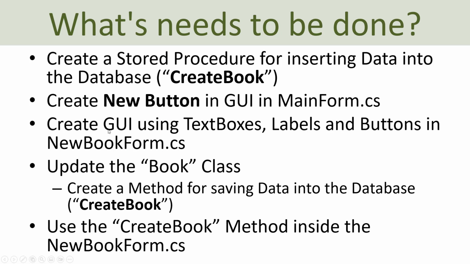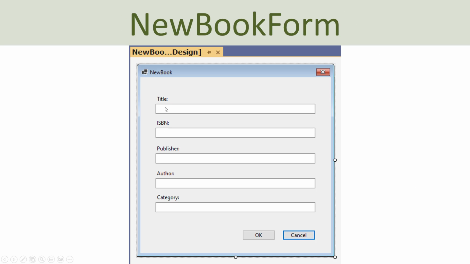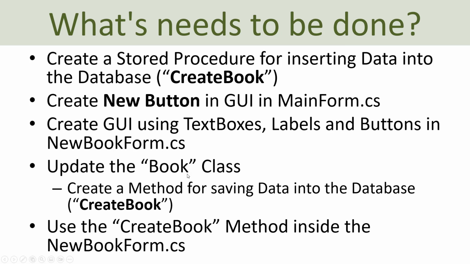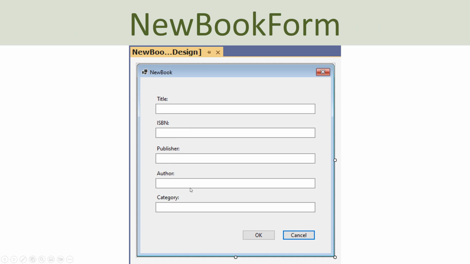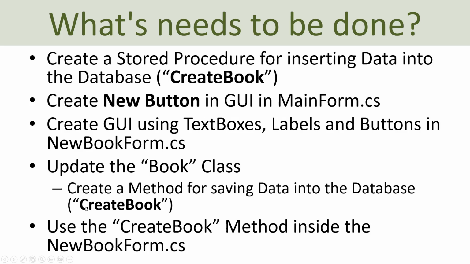So then we need to create the graphical user interface here with labels, text boxes, buttons for OK for saving, and cancel for just cancelling the information and going back to the main form. We need to update the book class with a new method for inserting these data into the database. We will call this method create book. And finally we will use this new method create book inside this new book form that we are going to create now.